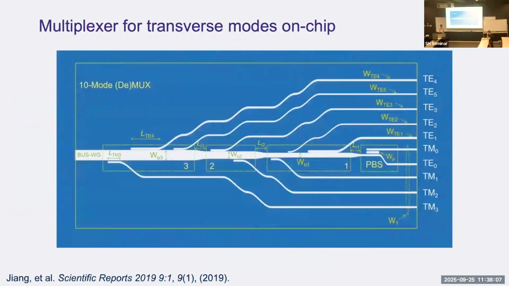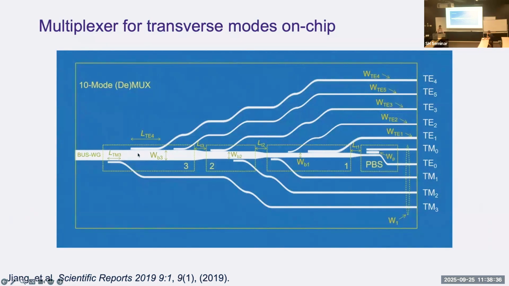So we have devices like this. For example, this one is a device which will tell you which transverse mode the photon is. So it's a demultiplexer, sorry, I get confused. Oh, this is a demultiplexer, right? It's a demultiplexer for all these modes. And the way that you design devices like this is to start from the ground, from first principles.